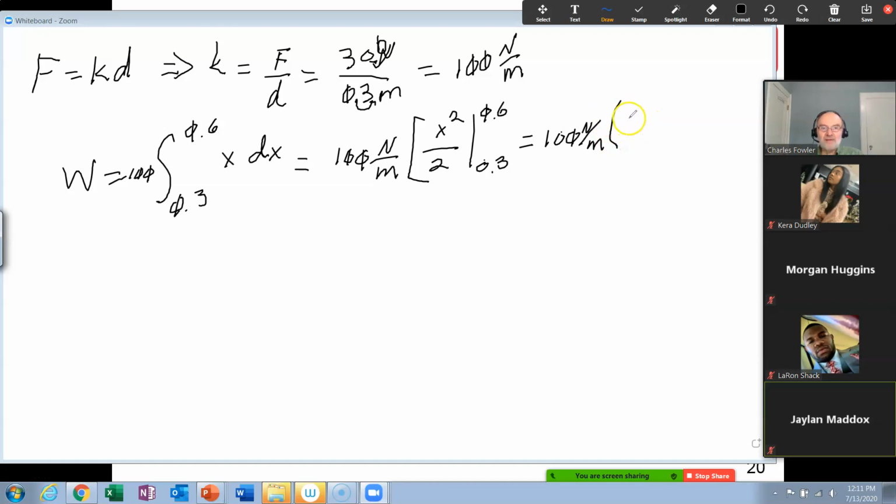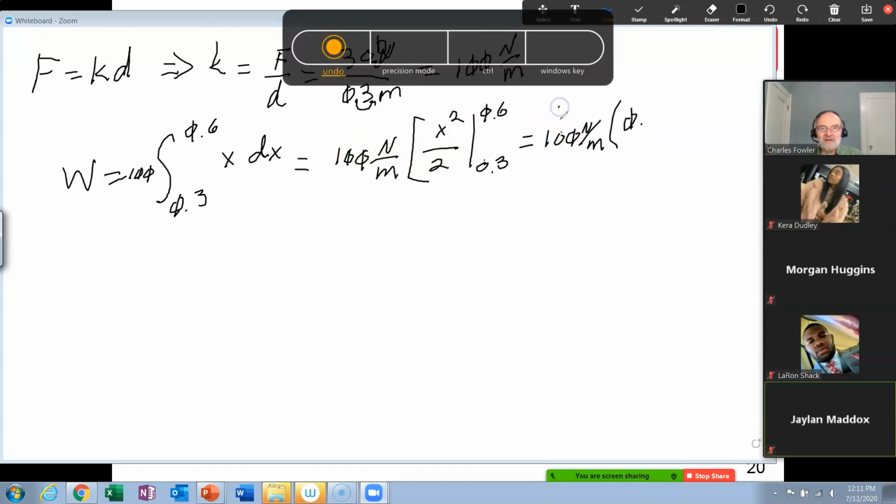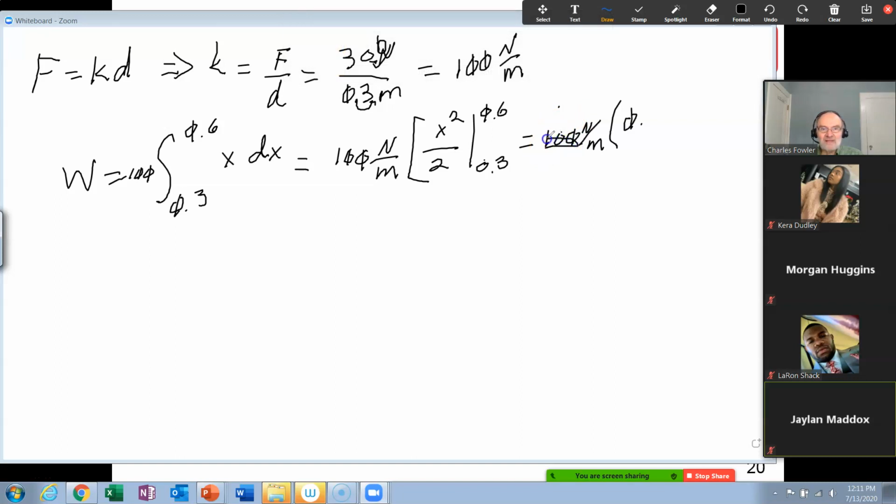0.6 squared is 0.36. But wait. Let's take this 2 out here into the 100. Okay, and just make this a 50. I just pulled this 2 out and divided 2 into 100. So I don't have to carry that around anymore.